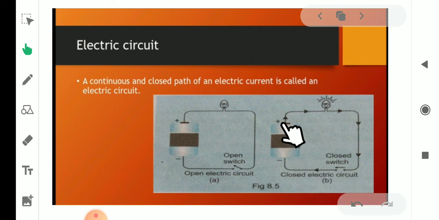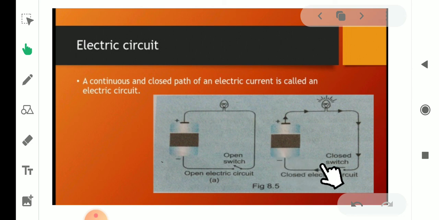The current flows from the positive terminal towards the negative terminal, and the electrons move from the negative terminal towards the positive terminal. You all had already studied in the last class that the direction of the electric current is opposite to the flow of electrons.